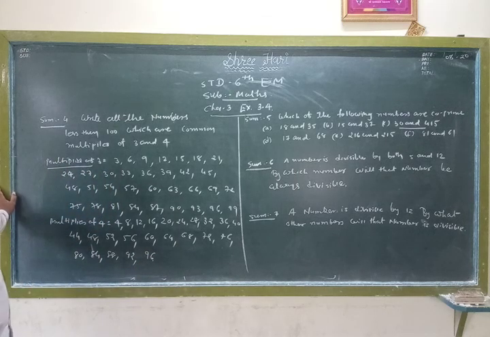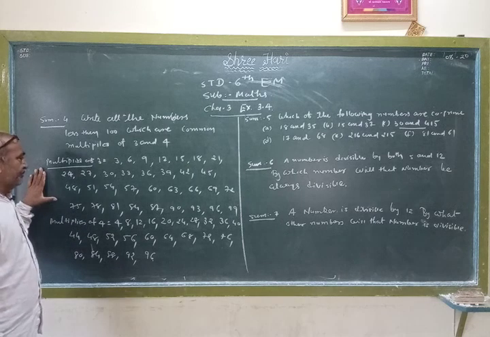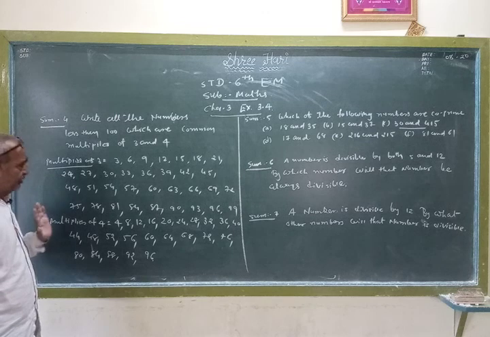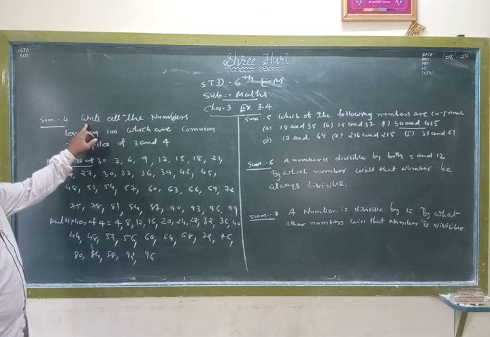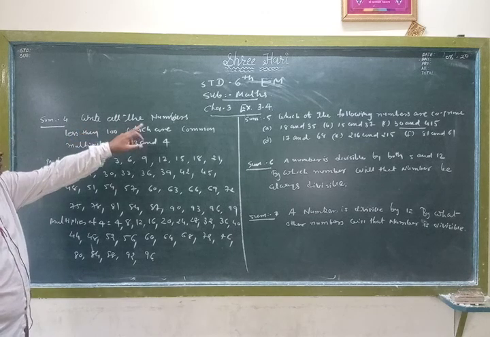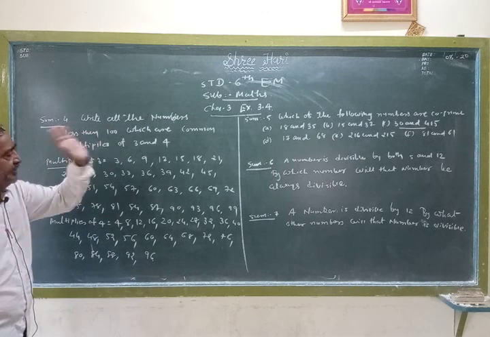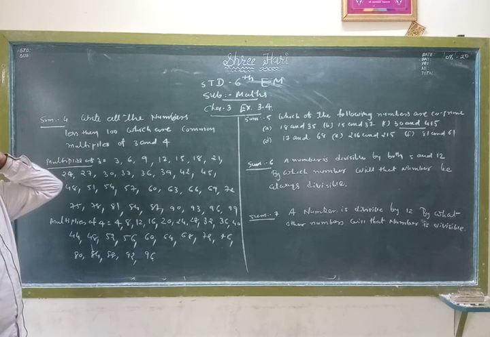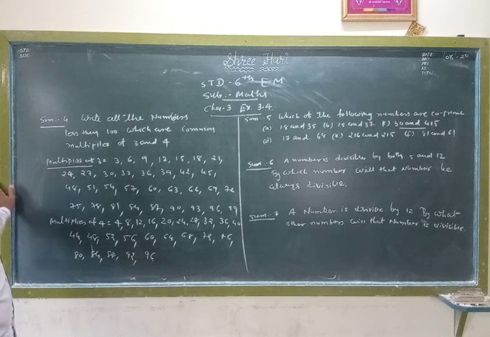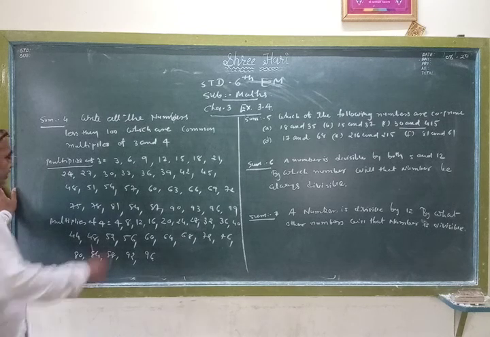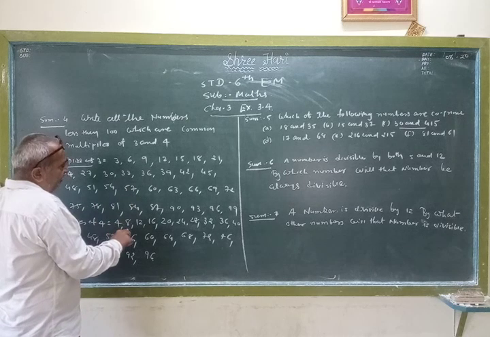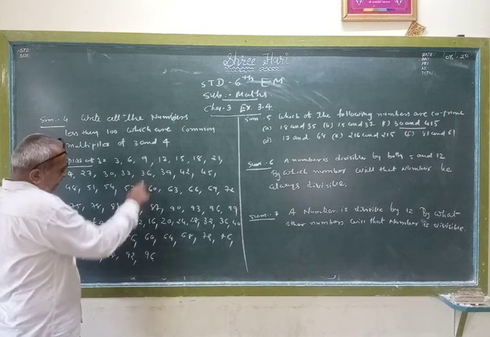Now you can see here the multiples of 3 and multiples of 4. But write all the numbers less than 100 which are the common multiples of 3 and 4. So which are common in 3 and 4? Look here, here 3 but here not 3. Here 6, here not 6. 9, here also not 9.